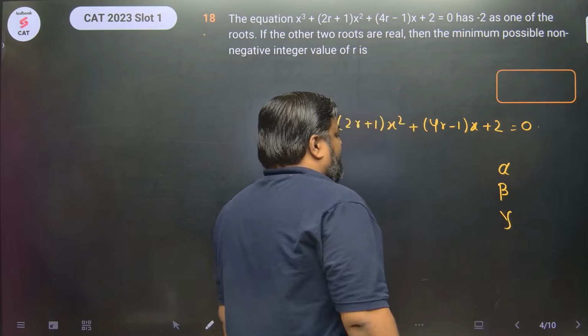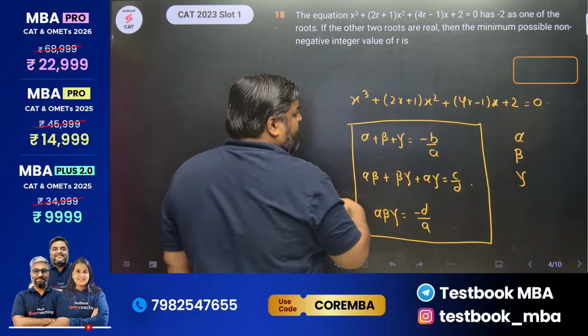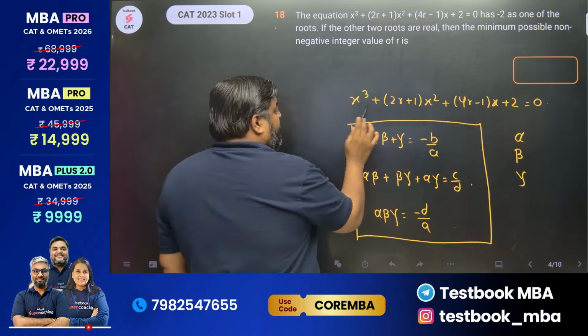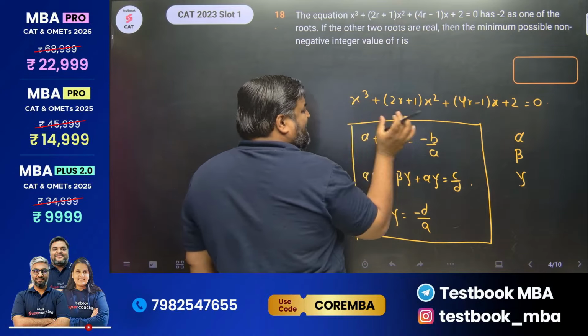Here a is 1, b is 2r plus 1 along with the sign, c is 4r minus 1 along with the sign, and d is plus 2. Remember? Very good.